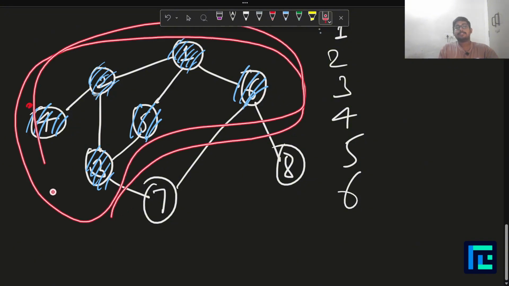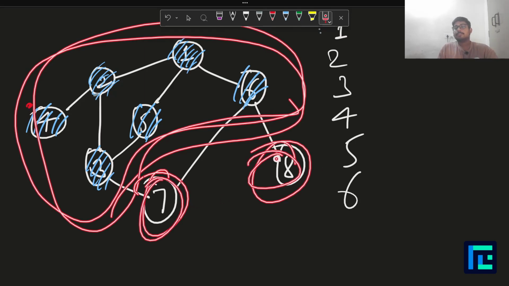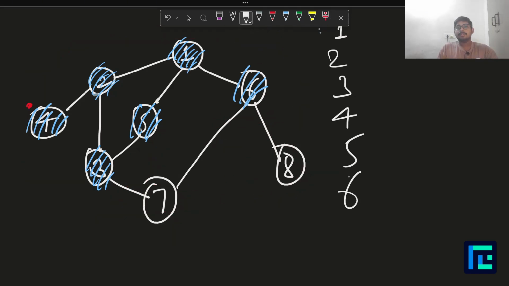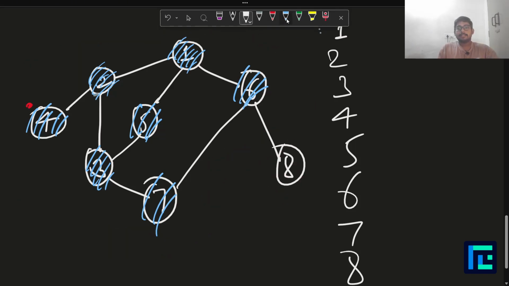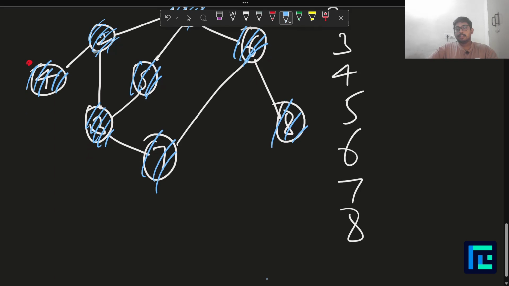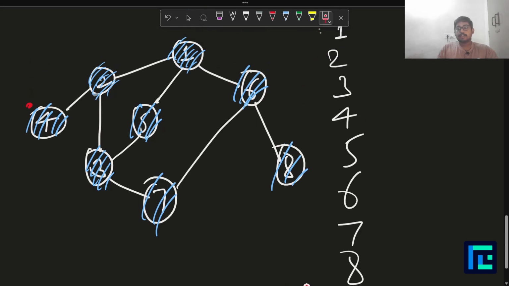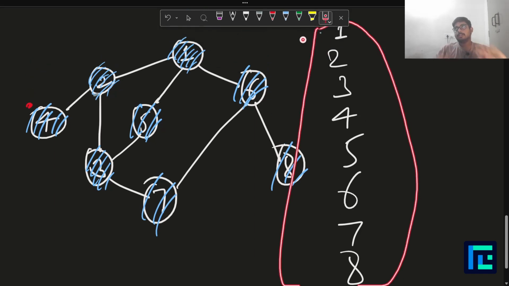Now the adjacent nodes are 7 and 8. Among 7 and 8, the smallest is 7. So you can note down 7 and include it in your connected graph. Then only 8 is left. You can note down 8 and say all of the nodes are visited, and then you are done. This way you can get the lexicographically smallest sequence.